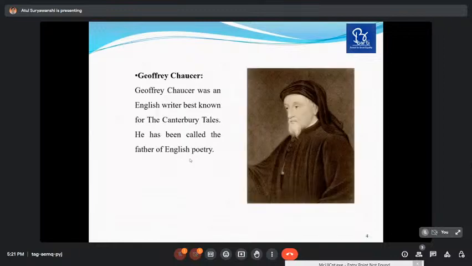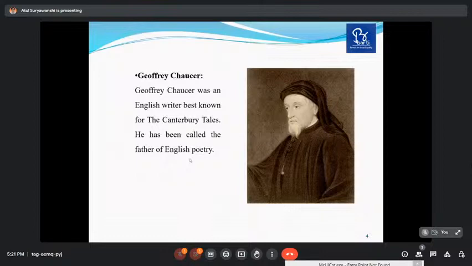Let's have a fleeting glance at the prominent figure in this period, Geoffrey Chaucer. He was the English writer best known for his literary piece entitled The Canterbury Tales. He has been called the father of English poetry.